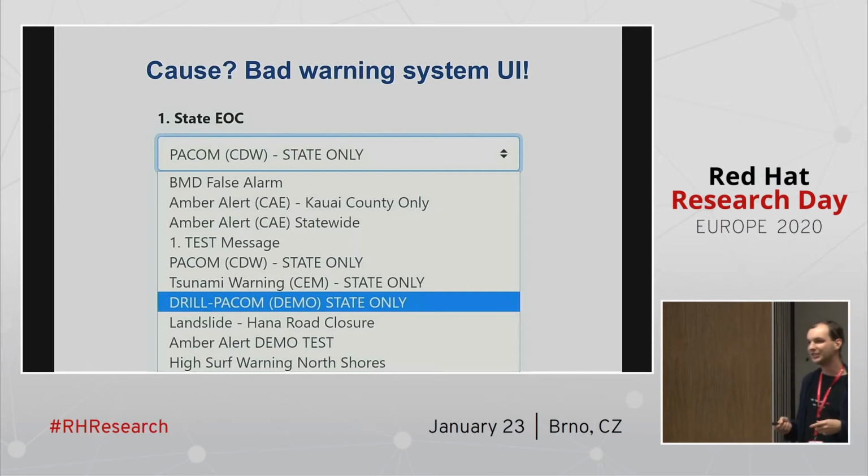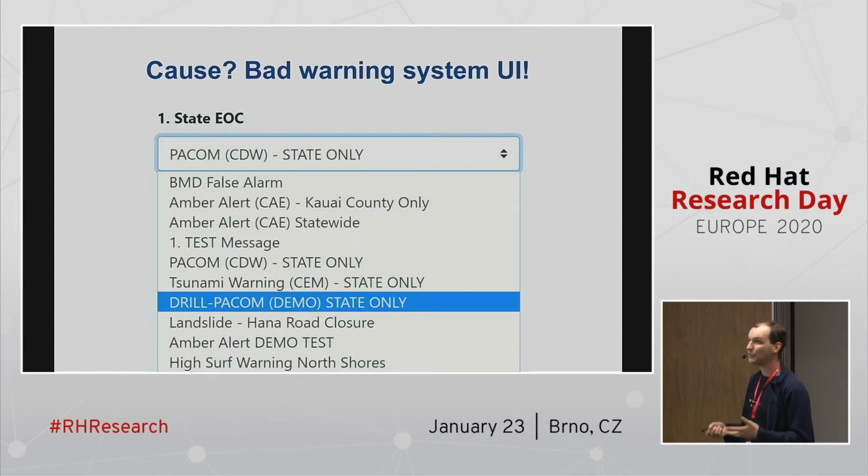And he chose the selection that is displayed at the top, the PACOM CDW state only, which is the red alert, while he was supposed to pick the one that's highlighted below, the drill PACOM demo state only, which is totally different, and there's no confirmation dialog in the meantime, and he just accidentally issued the red alert over the whole of Hawaii.